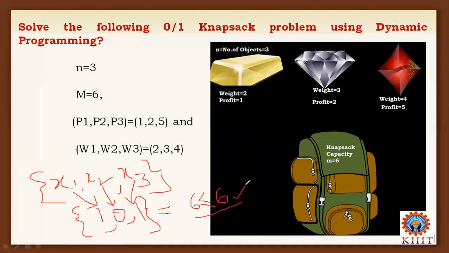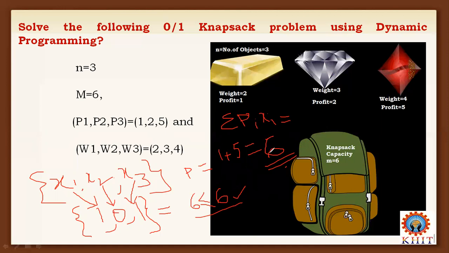The profit you can gain is x1 plus x3, 1 plus 5, so you will get a profit of 6 only. That means you need to calculate the sum of pi xi, that is p1 x1 plus p2 x2 plus p3 x3, and you will get the value of 6.